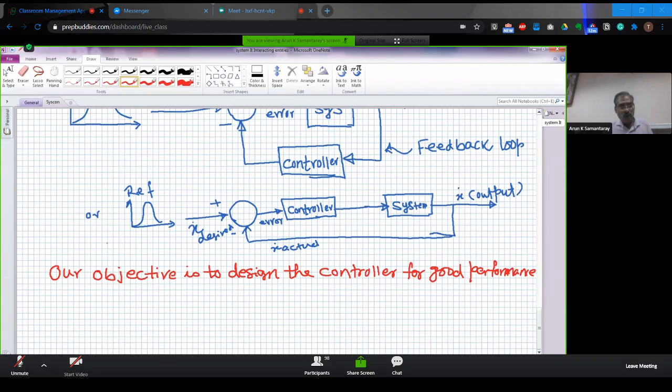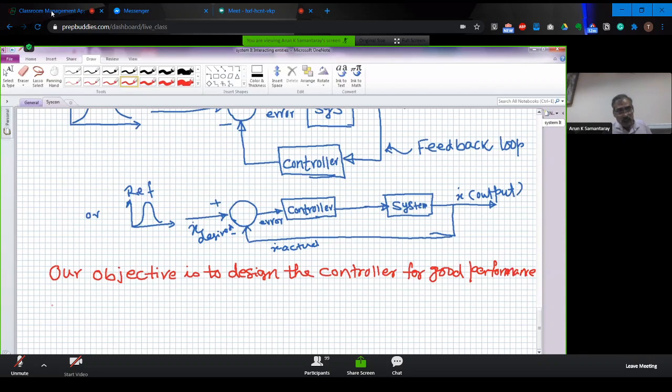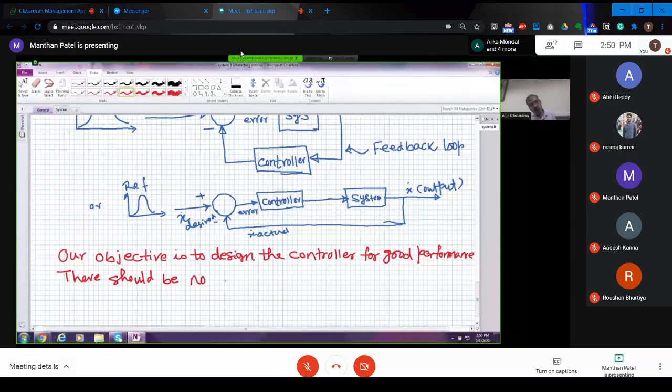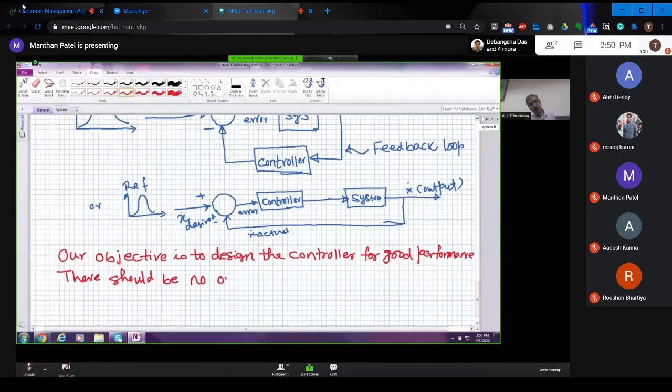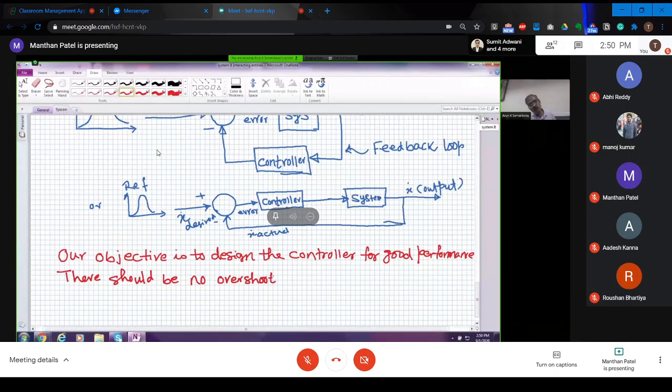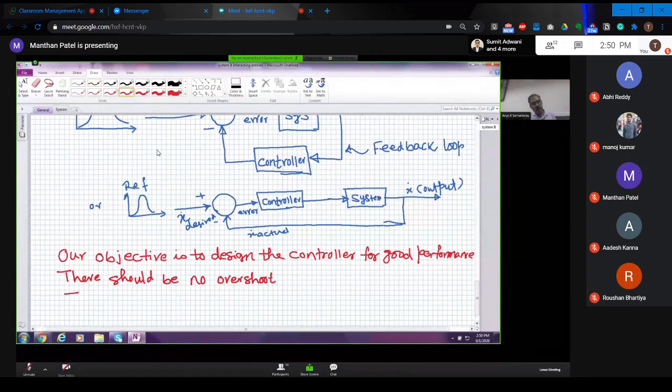What we require from our controller is there should be no overshoot. It should not take a long time.